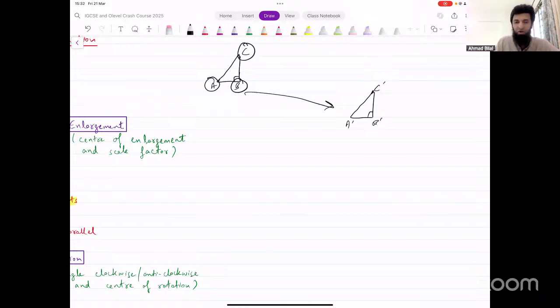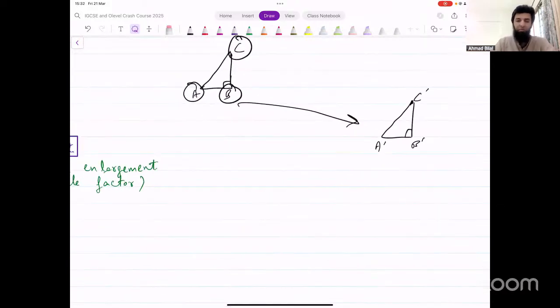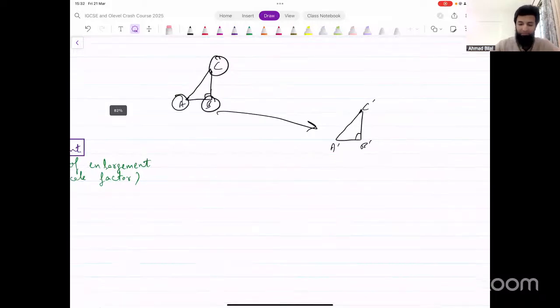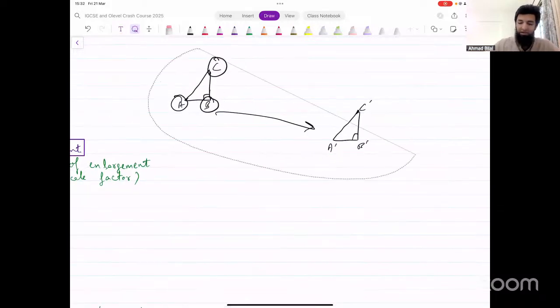If that is not changing, the orientation of the object is the same, that means it's a translation. So it looks like a shift from one point to another, that you've just picked up that triangle and put it in another place. Okay, that's a shift. This is a translation.